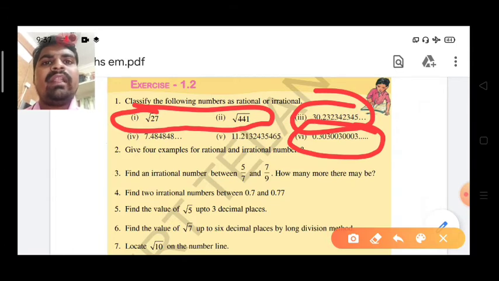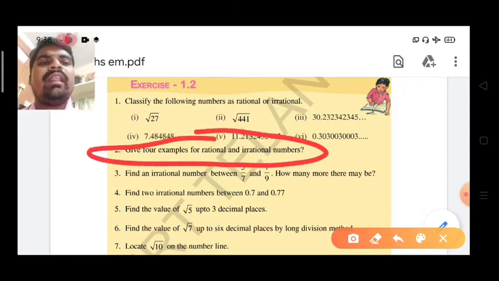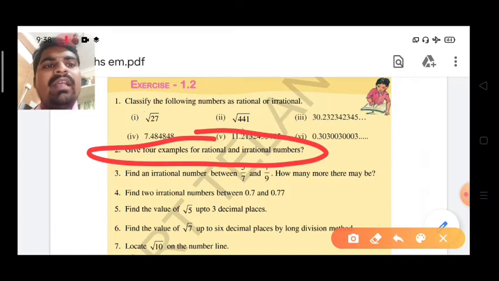Non-terminating, not repeating is irrational; non-terminating, repeating is rational. You observe and classify them. It is very simple. In the second bit, give 4 examples each for rational and irrational numbers. Write 4 different rational numbers and 4 irrational numbers also. So that is the process.